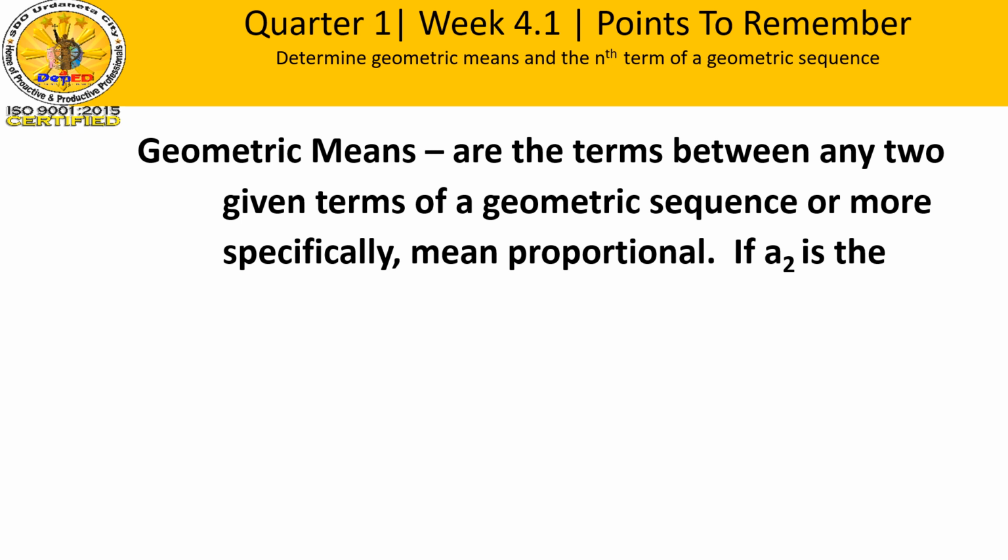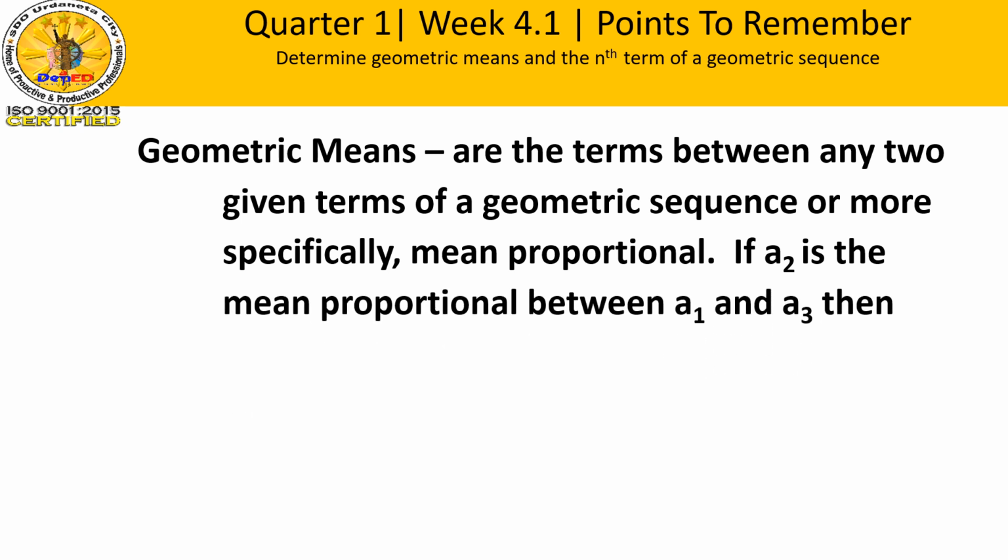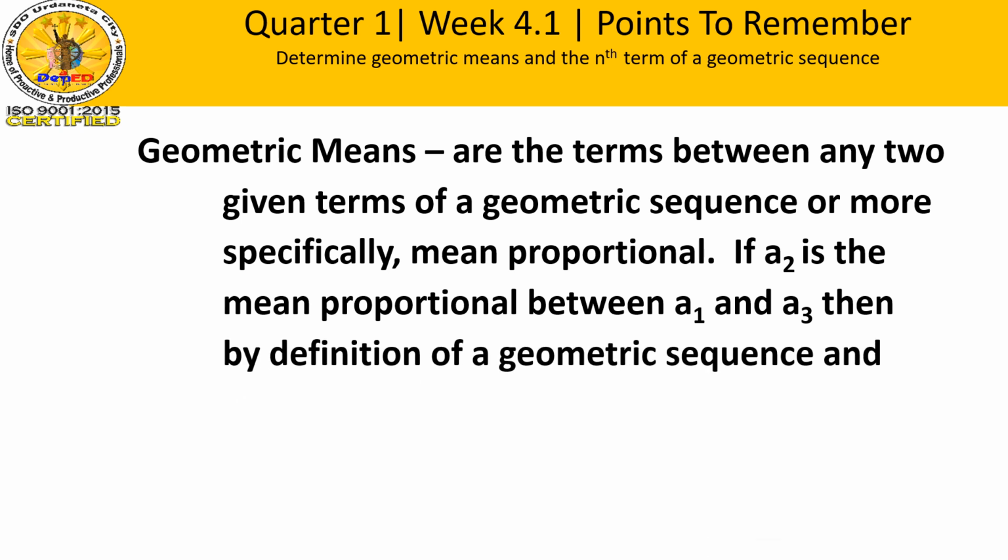If a sub 2 is the mean proportional between a sub 1 and a sub 3, then by definition of a geometric sequence, the ratio is a sub 2 divided by a sub 1 is equal to a sub 3 divided by a sub 2.